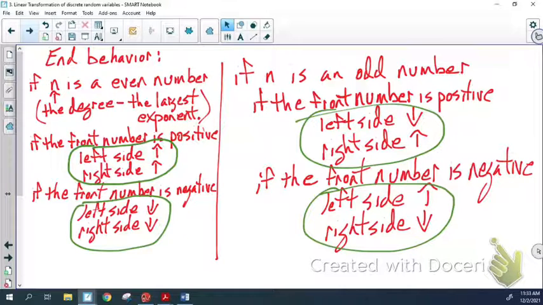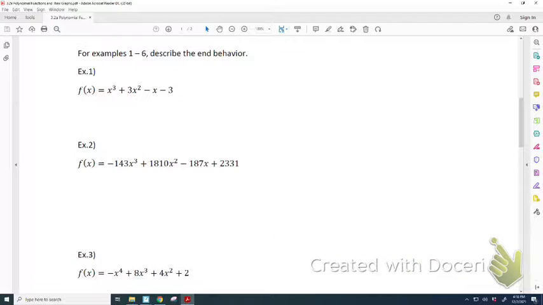Okay, I'm going to move on. Hit pause if you need to copy it. So we have some problems here, and we write down what n is. N has multiple meanings, but for today, we're just looking at whether or not it's even or odd. So 3 is obviously odd. I'm looking right here. That's the exponent. And then the sign in front of that term is positive. Front number is positive.